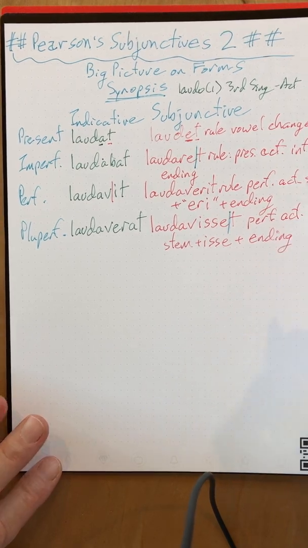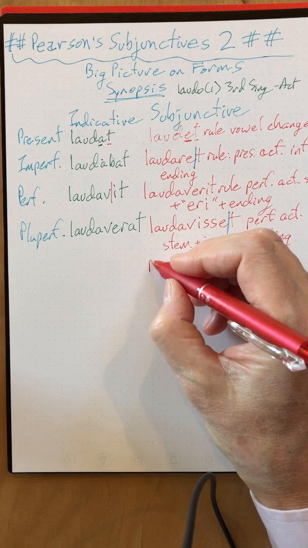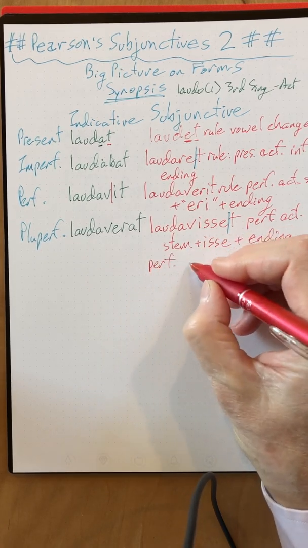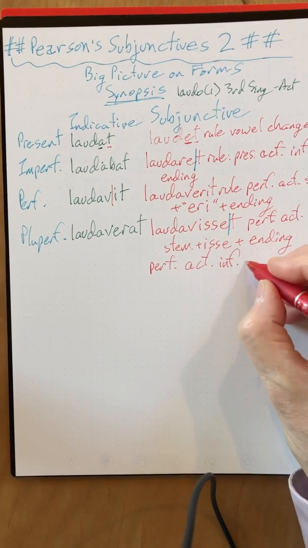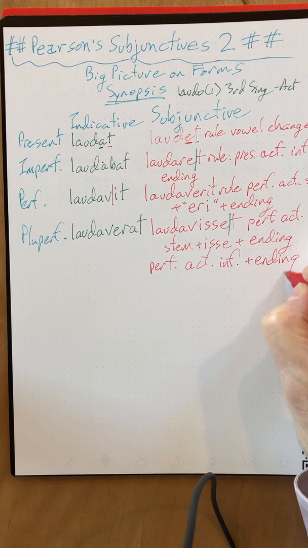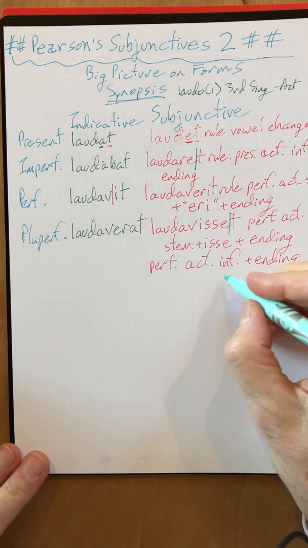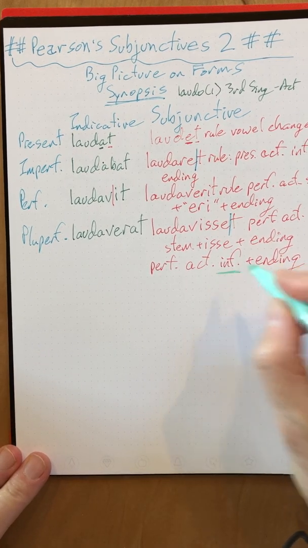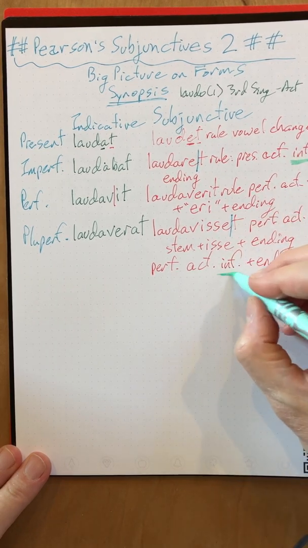Well, you could put it that way. Or you could say perfect active infinitive plus ending. And so we see again, and this is really pretty interesting, the infinitive being used to make another verb.